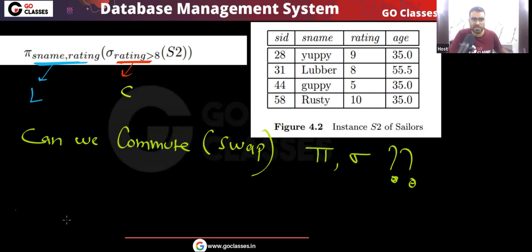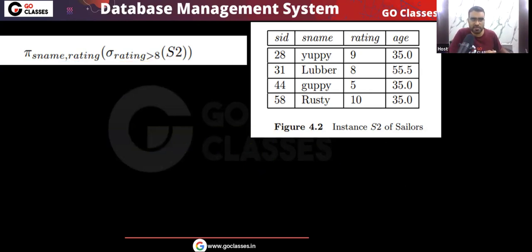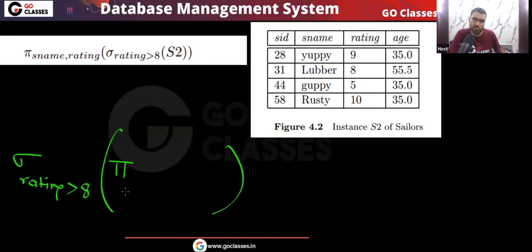The answer will be yes. Let's check it. Let's check the result of this, and the result of this. You tell me, are they giving the same result? Let's check the result of this one.